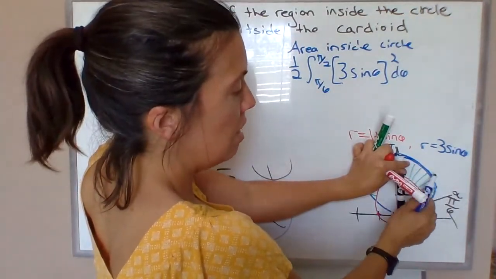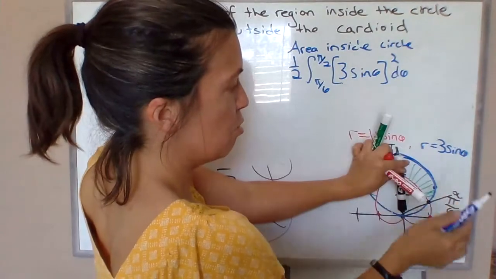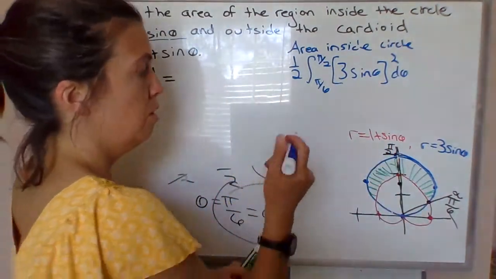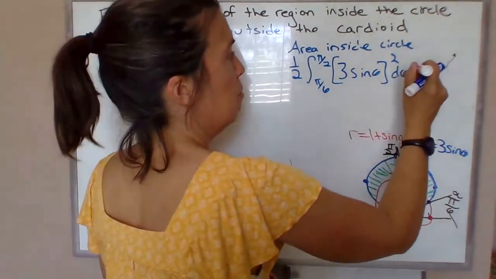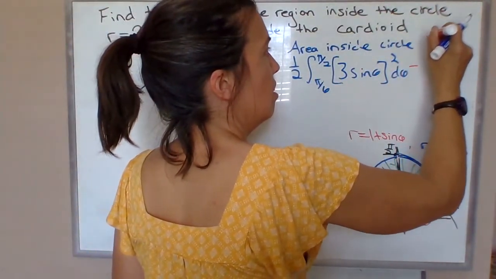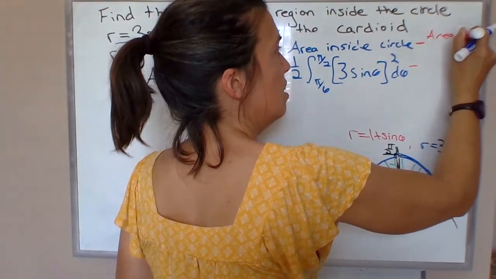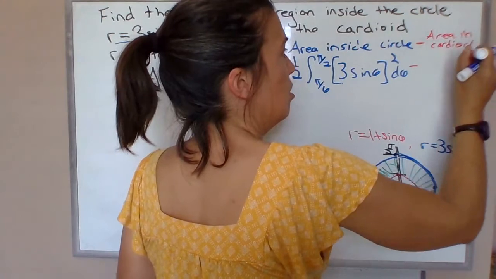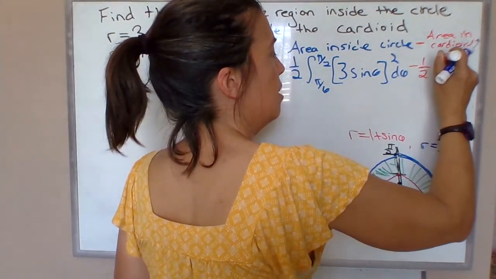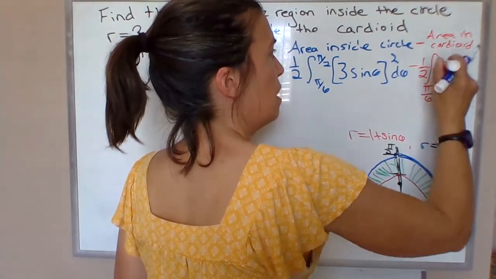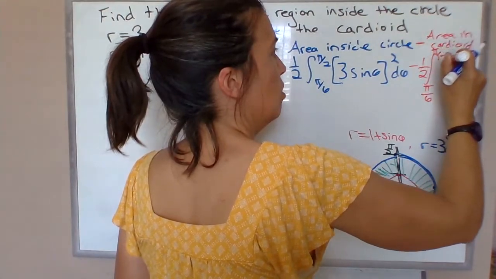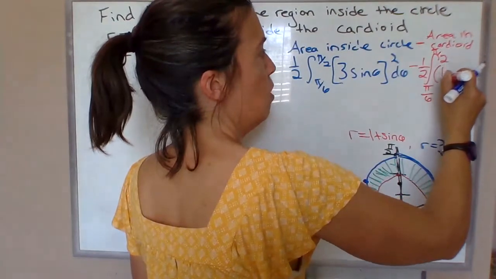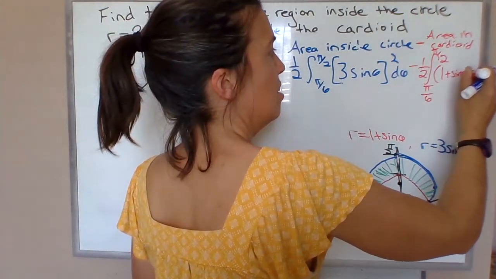So we need the area inside the blue, which is what I've set up so far, minus the area inside that red curve, minus the area inside the cardioid, which is given by 1/2 integral from pi over 6 to pi over 2 of the expression for the cardioid squared, so 1 plus sine theta all squared.